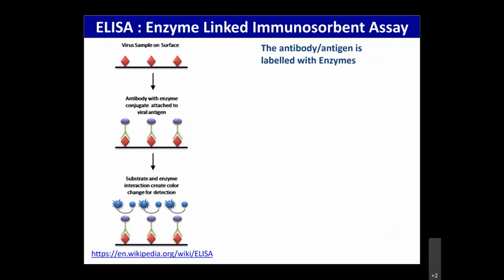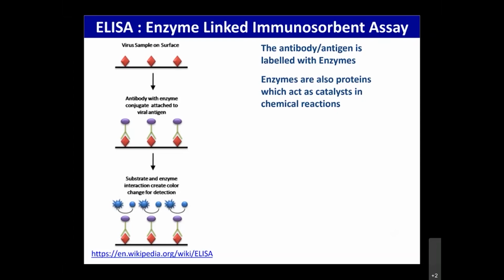For instance, if you are trying to detect antigen, antibodies are your probes, and you label that antibody with an enzyme, right? Now, these enzymes are also proteins, by the way. They're catalysts, really, catalysts for chemical reactions. And these enzymes can be tagged or labeled to an antibody or an antigen, depending on which one is your probe. Okay?